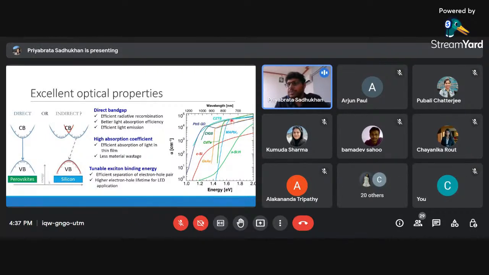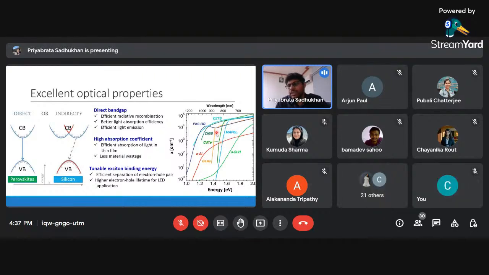Now, higher absorption coefficient is very important because if you hold a thin white sheet and a very thick sheet of the same material, in both cases the material has the same absorption coefficient, but the thick sheet will absorb more light. That means a material with a much higher absorption coefficient can absorb more light in a much smaller thickness of the film.